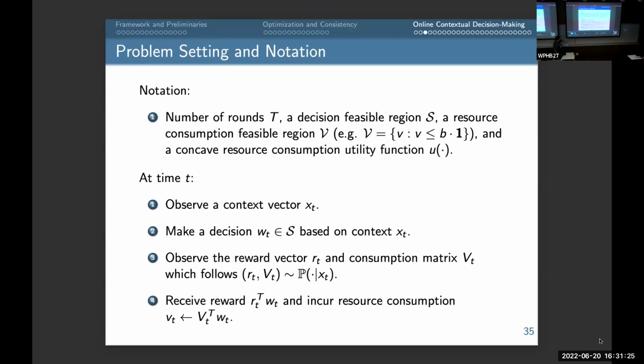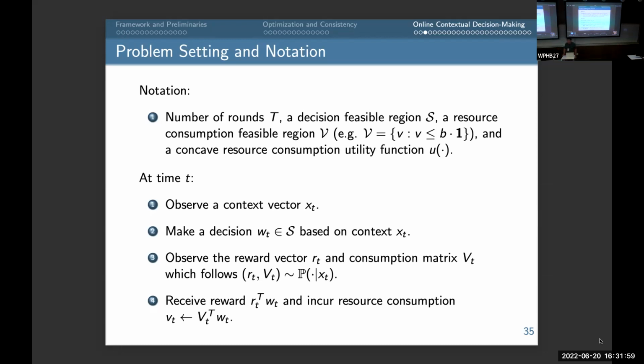So we receive some reward r_t transpose w_t and incur resource consumption given by this matrix v_t transpose times w_t. Again, r_t transpose w_t is the amount of immediate reward that we receive, which is a linear function of w, and v_t transpose w_t is a vector with one component for each resource, which gives the amount of resource consumption observed at that time.